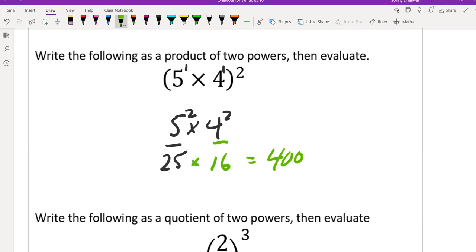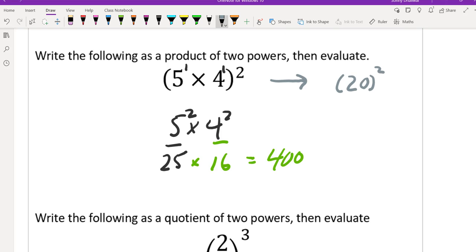This is not the order of operations. Up to last year, you said you were taught to do things in the brackets first. Now, if we did the stuff inside the brackets first, I'm going to do this off to the side. We go 5 times 4 in the brackets. That would be 20.